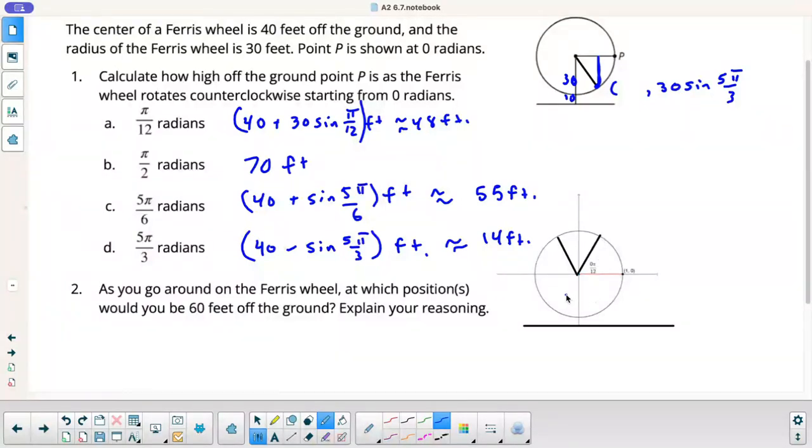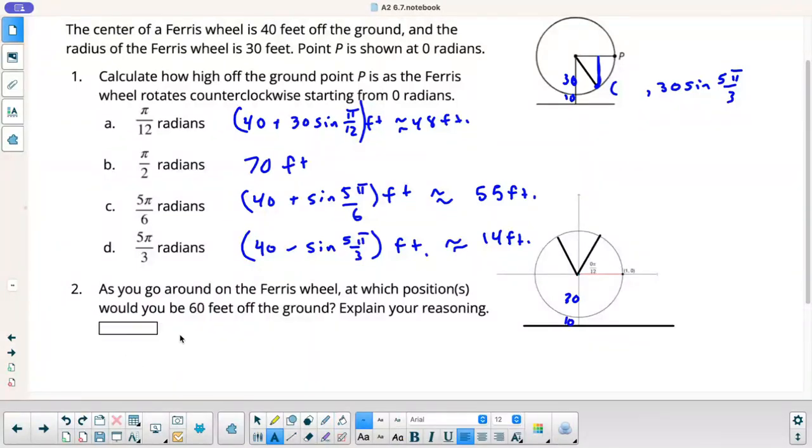So yeah, I would say somewhere in here we'd have to go, because this is 30 plus 10. To get to 60, we'd need another 20. Don't go all the way to the top, that'd be another 30. Somewhere between pi over 4 and pi over 2, somewhere between there.